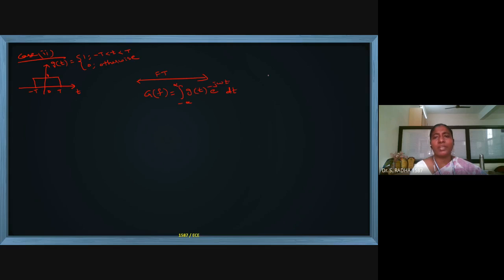The diagram we get is like a sinusoid, with maximum amplitude at the origin, and the height decreases. This is the diagram for g of f, and the x-axis parameter is f. In the Fourier transform we have to apply the formula, calculate, and prepare a tabular column, then we will get something like this.